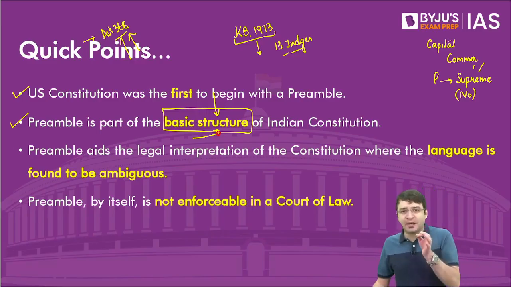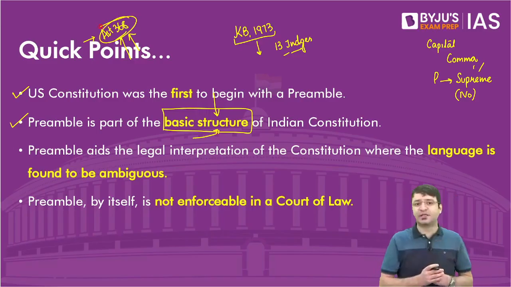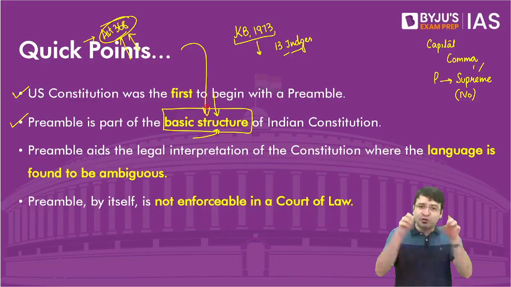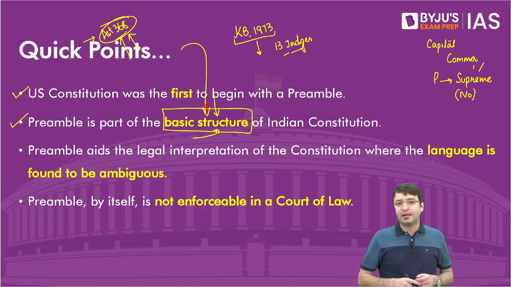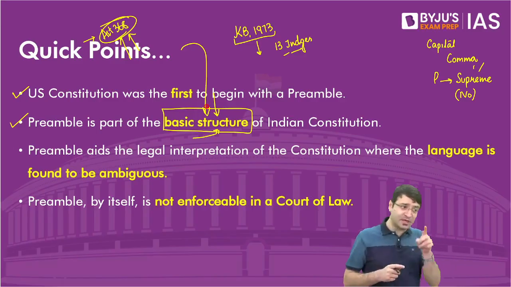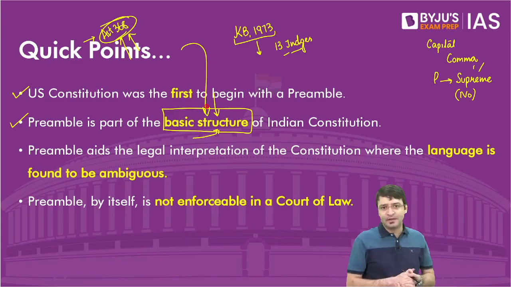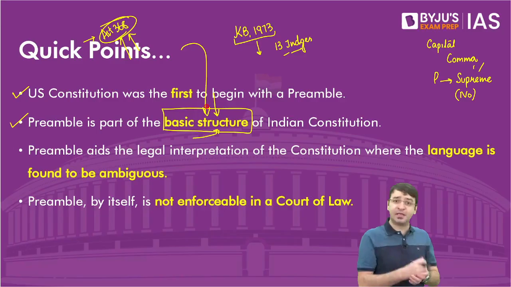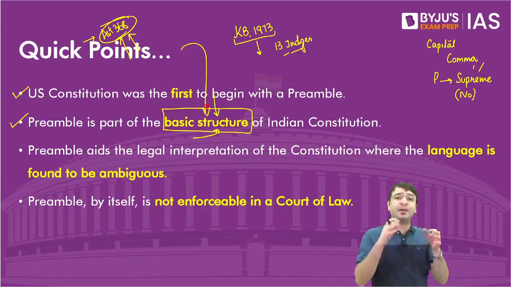That means Parliament cannot use Article 368 to make changes to this basic structure. And the nature of our state mentioned in the preamble is part of the basic structure. The objectives mentioned in the preamble are part of the basic structure, which Parliament cannot amend, cannot modify, cannot change, cannot alter.